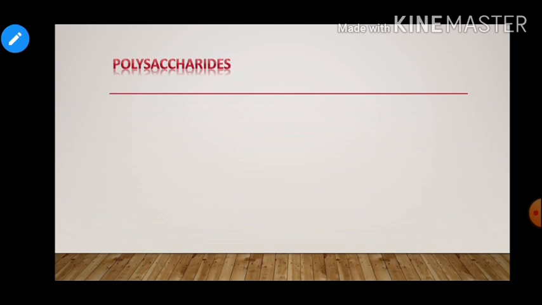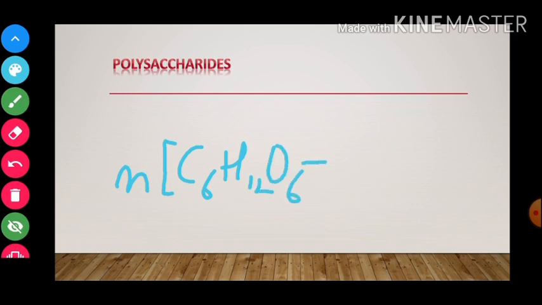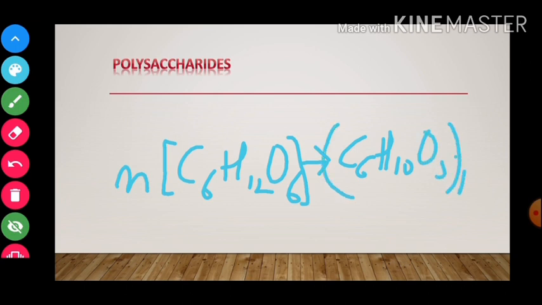Every time H2O is lost when monosaccharides are added, right? And simply we can write this equation as n number of C6H12O6 gives (C6H10O5)n plus H2O.